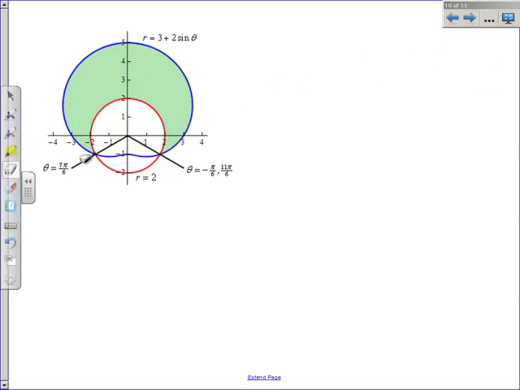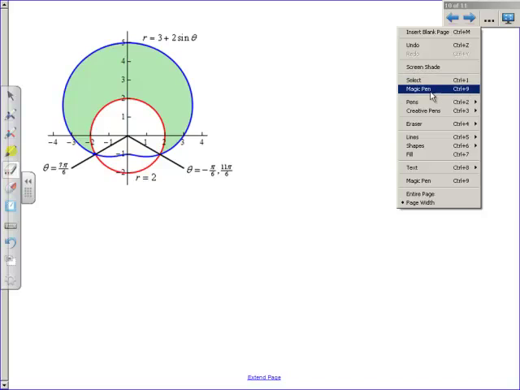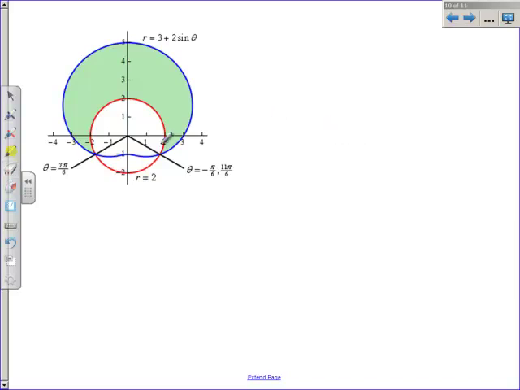So instead of going from 7 pi over 6 to 11 pi over 6, we're going to sweep out from negative pi over 6 all the way out to 7 pi over 6. I want to start down here and sweep this area out, and that will give me that area in blue if I subtract off the area from the circle. So I want to go this way.